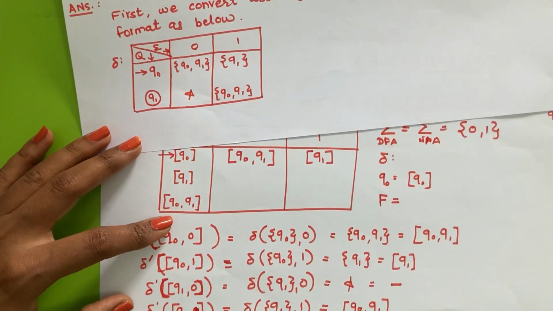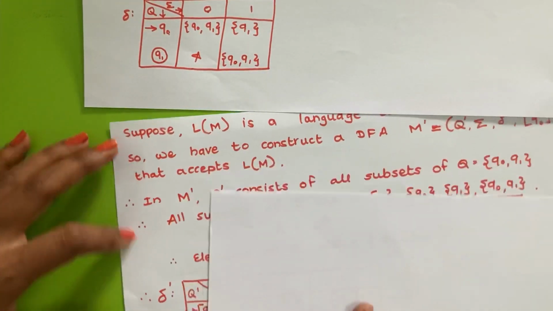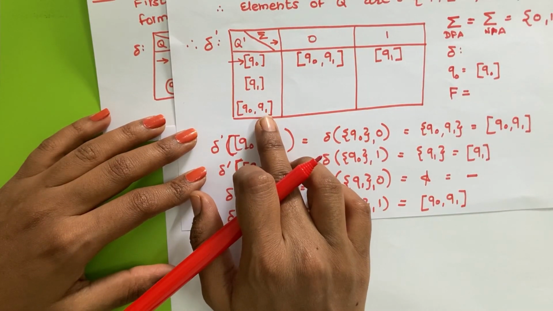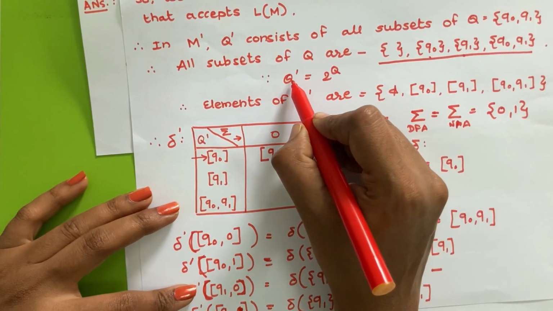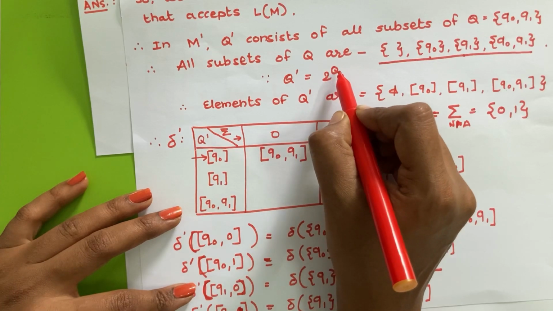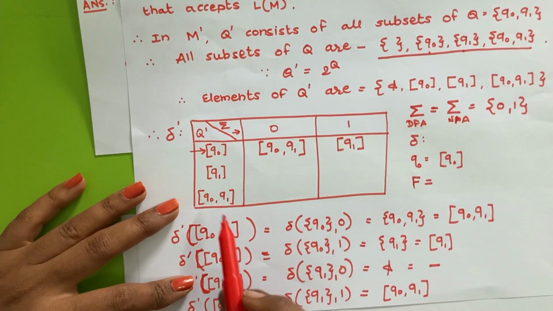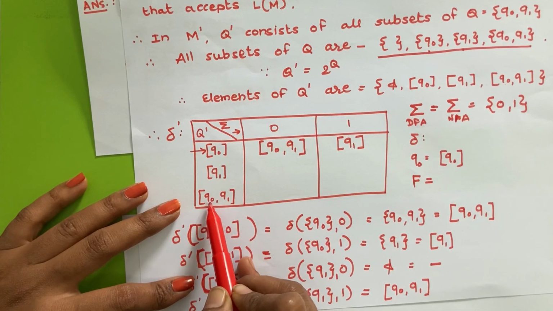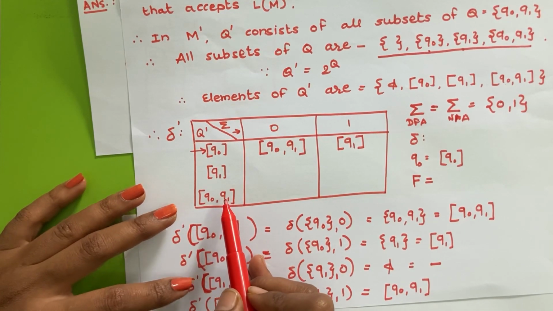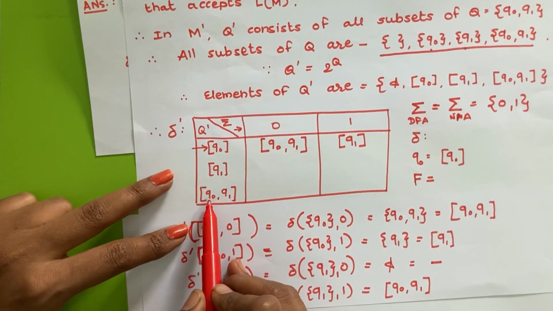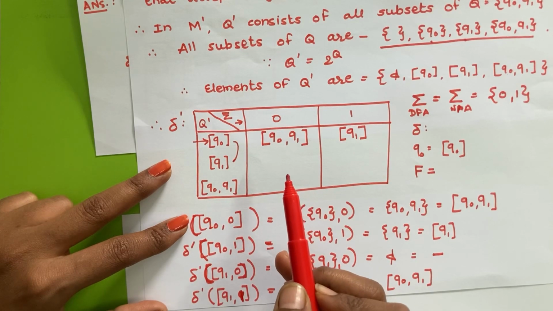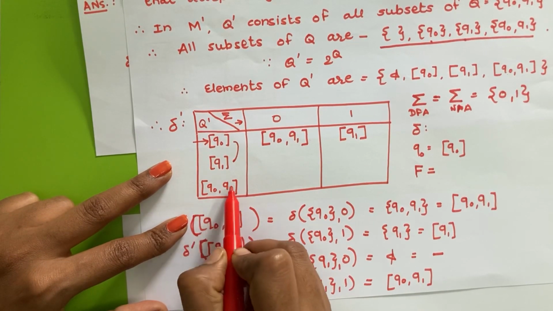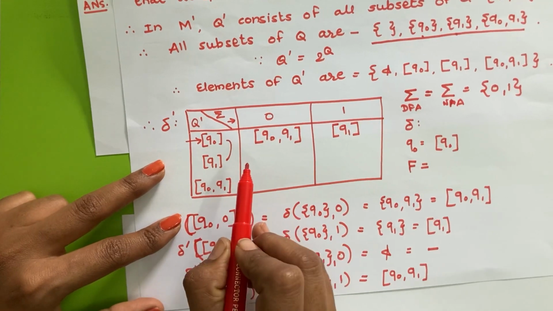Now the next state for transition is [Q0, Q1]. Because here we have calculated that Q' is equal to 2 raised to Q, so we have added a new state, that is Q0 Q1. This is a newly added state that will have the properties of both state Q1 as well as Q0. So this is the new state that will be added in case of DFA.